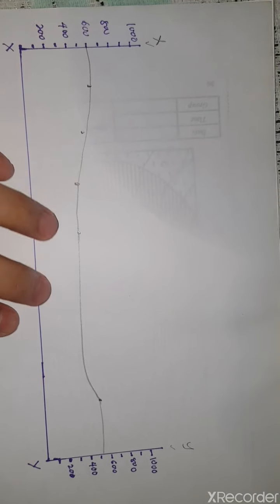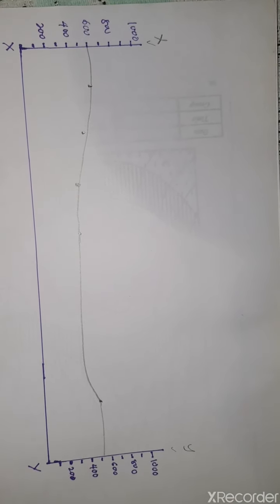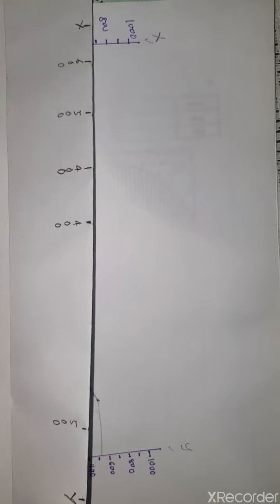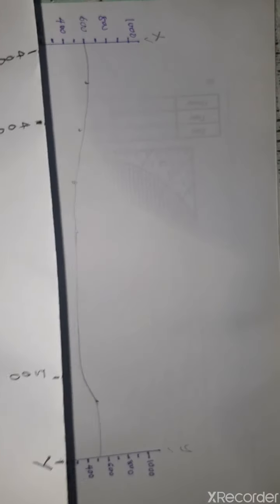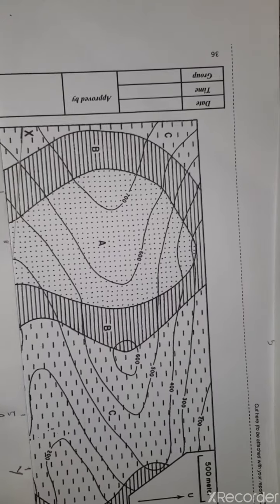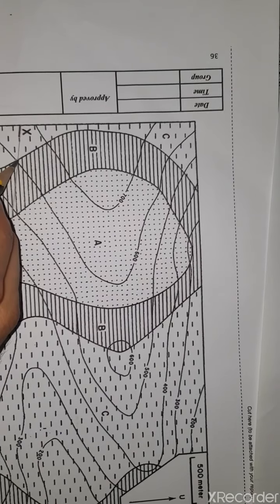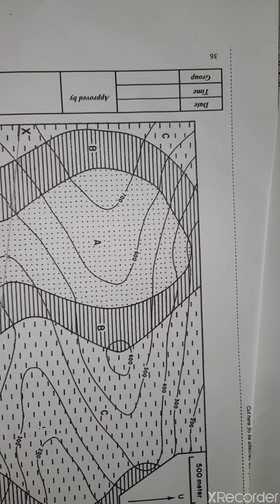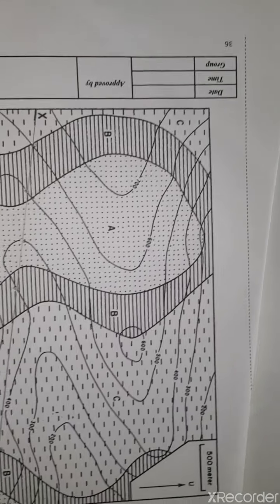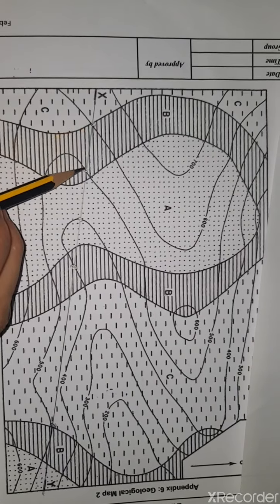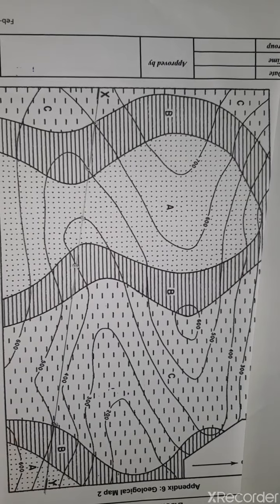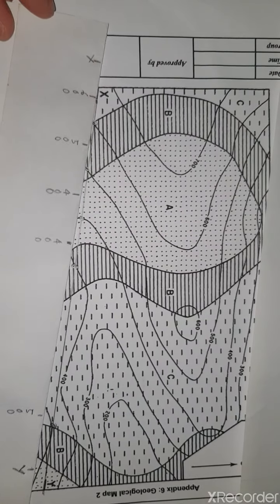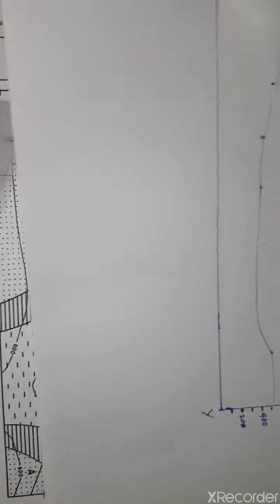This is the first step to transfer the points of the contour section from the map here, 1, 2, 3, 4 and 5. Then we transfer 1, 2, 3, 4 and 5, point it on the blank piece of paper, then transfer it to the graph paper.